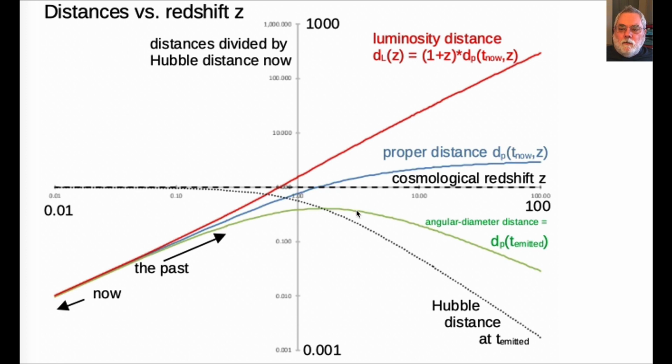For z greater than 1.6, our observed angular diameter for a large distant galaxy increases with z and the galaxy's proper distance from us. The galaxy appears a little larger due to the expansion of the universe. This helps astronomers, but galaxies are not great standard rulers.